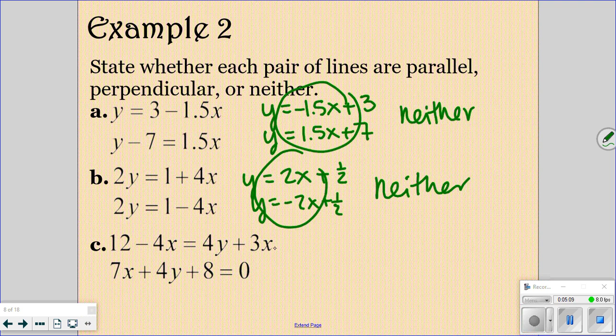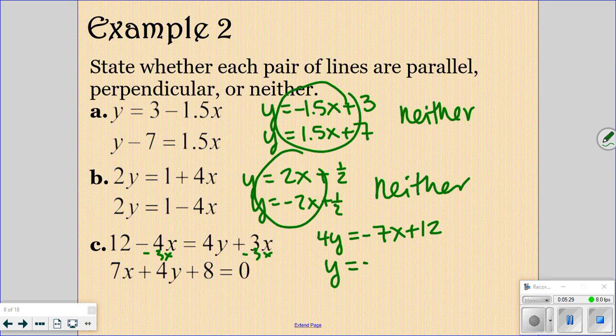Looking at the next one, we need to solve them for y. So I'm going to say minus 3x. So 4y equals negative 7x plus 12. And then if you divide by 4, you'll have y equals negative 7 over 4x plus 3.